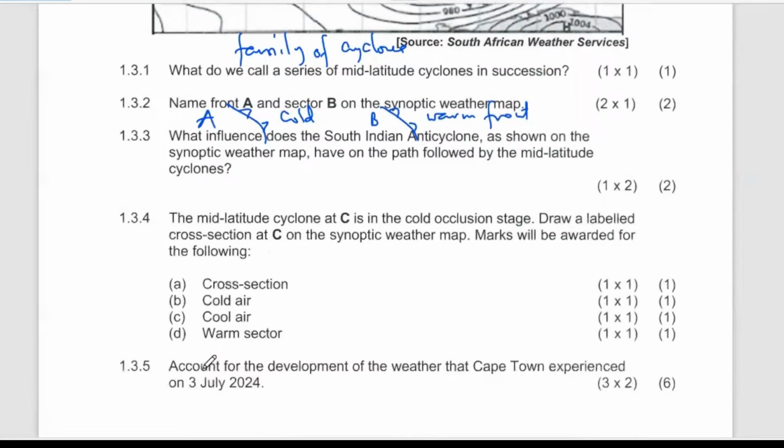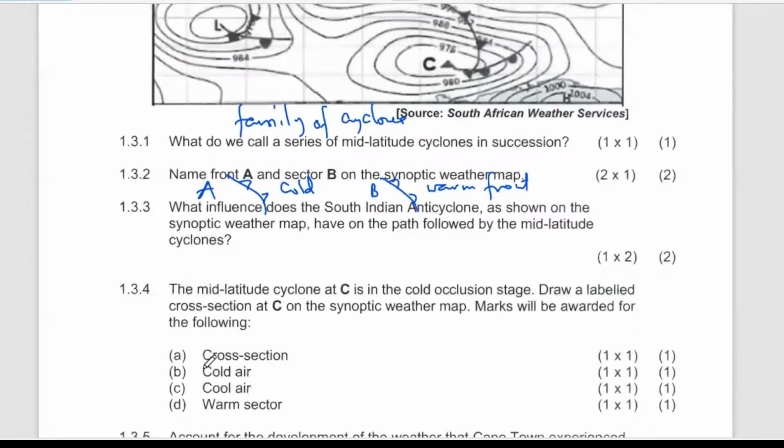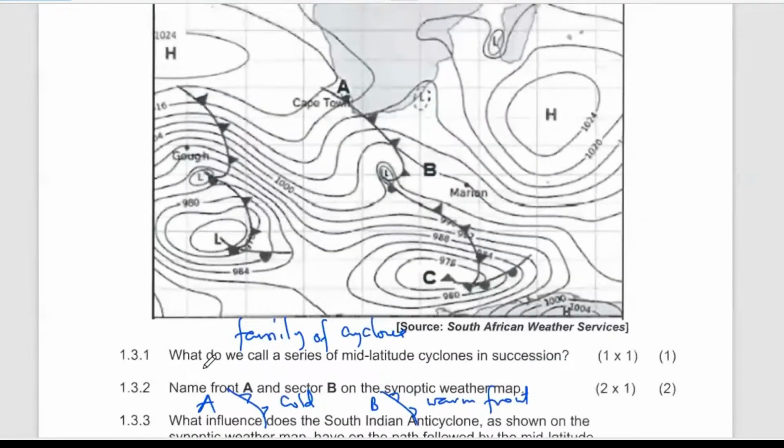Right. Moving on to the next question. What influence does the South Indian anticyclone, as shown on the synoptic map, have on the path followed by the mid-latitude cyclone? Right. The South Indian is a high pressure cell, an anticyclone, and we see our mid-latitude cyclones are moving in that direction from the west going to the east. Apparently, they're going to be blocked.